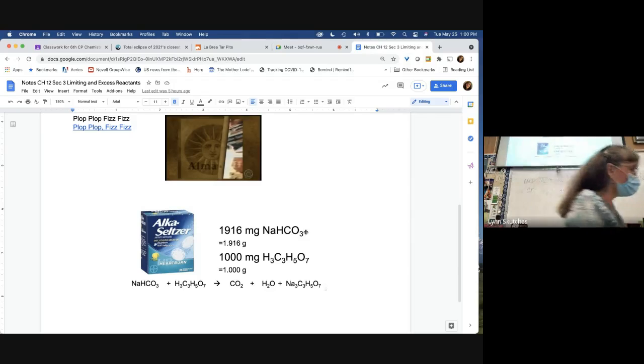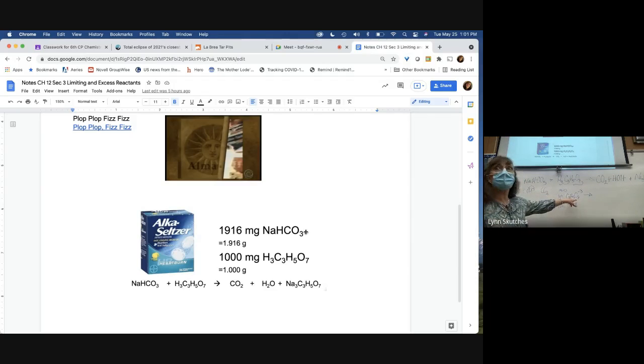Take a minute, talk to your neighbor, see if you can figure out how to get this thing balanced. So don't break up the citrate. Don't break that up. It stays as a unit. Okay? This stays as a unit.